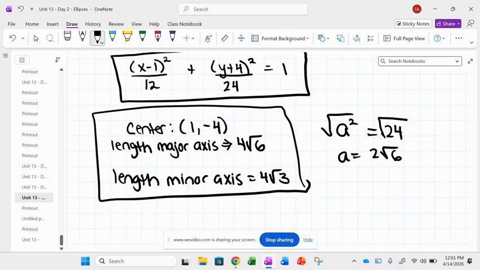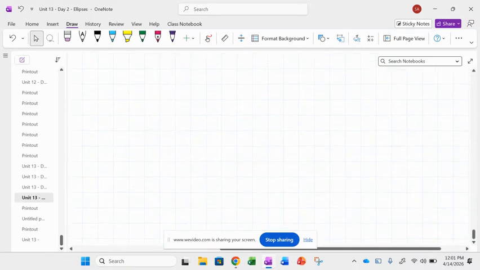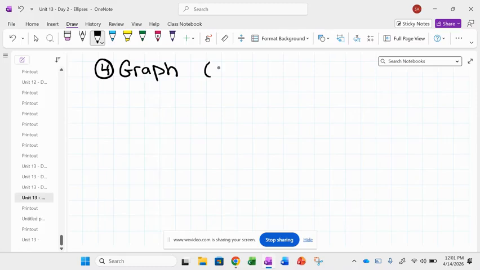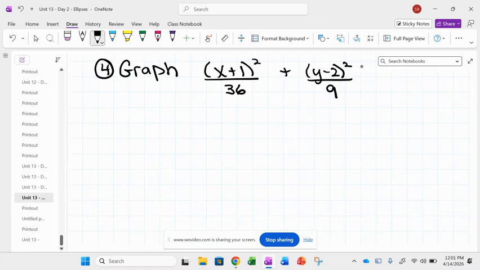All right, guys, last one. It's going to be a graphing one. Okay, ready? What number is this? 4. So I want us to graph x plus 1 squared over 36 plus the quantity of y minus 2 squared over 9 equals 1.